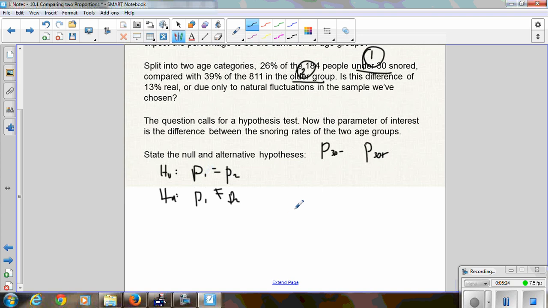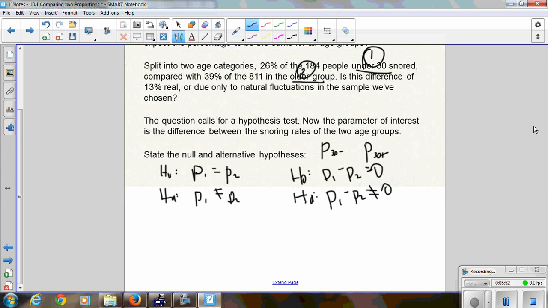Another way, and this is the way that I would recommend stating your hypotheses, is to look at it as a difference. If I subtract P2 from each side, my null hypothesis, to show that there would be no difference, would be P1 minus P2 is equal to 0. And if I think there is a difference, then I'd say P1 minus P2 is not equal to 0.